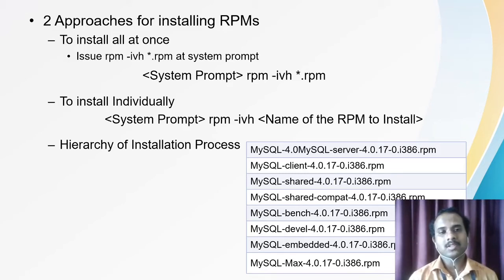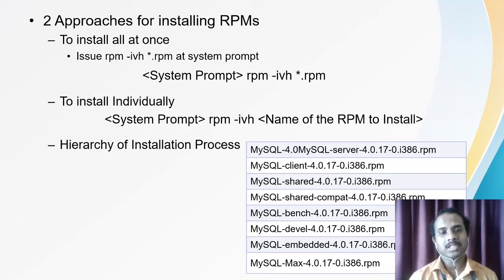If you are going to install all the RPMs at once, then you have to issue the rpm -ivh *.rpm command at the system prompt. When you run this command, it is going to identify all the files with the RPM extension and install them.